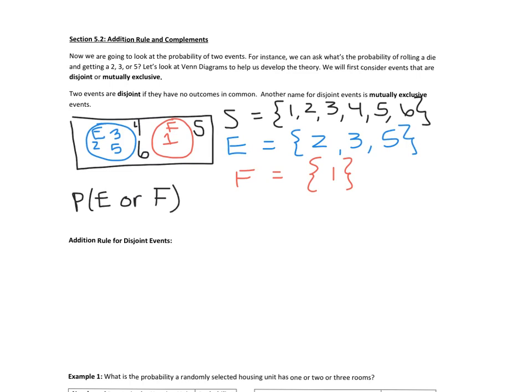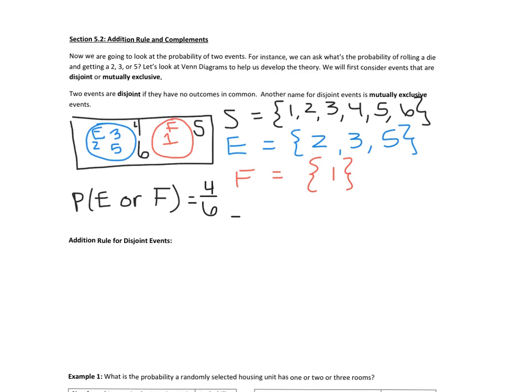If we just visually look, let's count up the outcomes in E and F: 1, 2, 3, 4, out of how many outcomes possible? Well, the probability that we land in E or F is 4 outcomes out of 6 total outcomes.